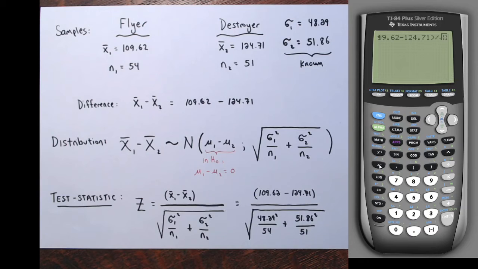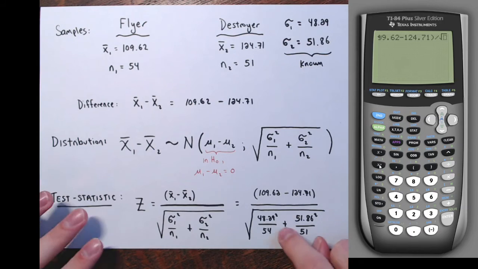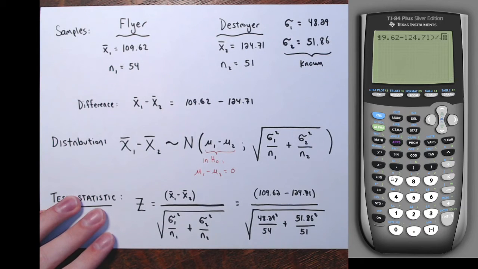That's a square root, and if you have an older calculator, you might have to put parentheses around all this, but make sure all of this stuff is underneath the square root symbol. So we have 48.29 squared divided by 54 plus 51.86 squared divided by 51. Notice how the square root bar just kept getting larger. This is all underneath the square root symbol.